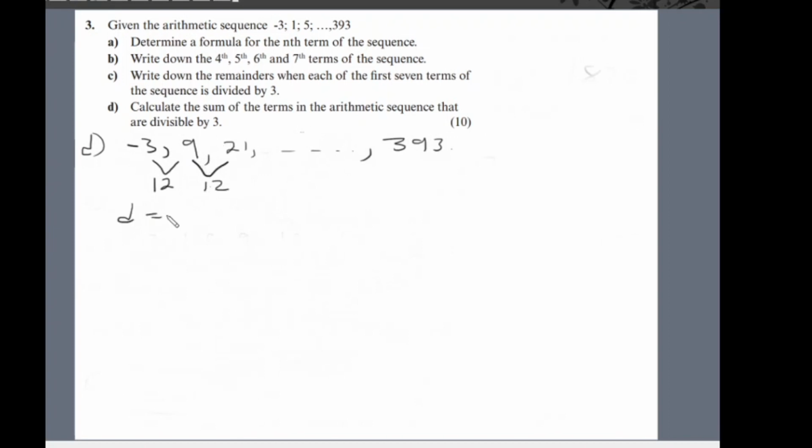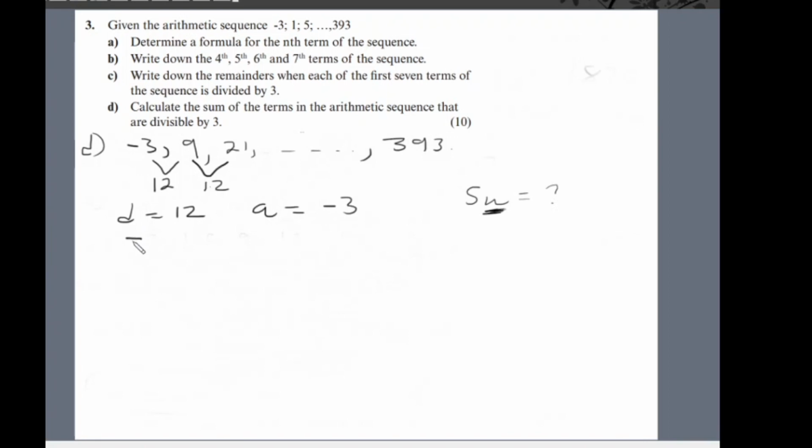So the common difference here is 12. And then our first term is equal to -3, right? So now you have to know how many terms are there in this sequence, because we want to calculate Sn at the end of the day. So we must know that n is equal to something. So we must first find n, right?